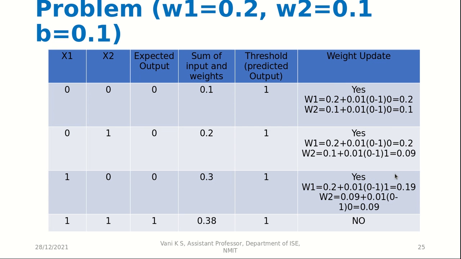Again, learning rate into the difference between expected output and actual output into the corresponding input. This gives us delta wi, which we add to our corresponding weight, and then we get our new updated weights. So this time again w1 is not changed, it will remain 0.2, but w2 has been changed, it will be 0.09 now.